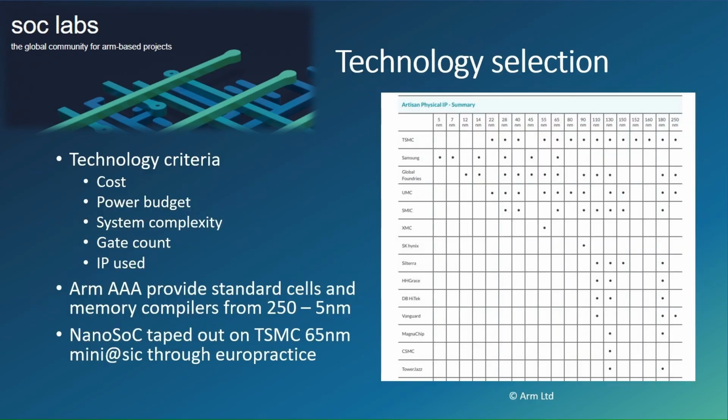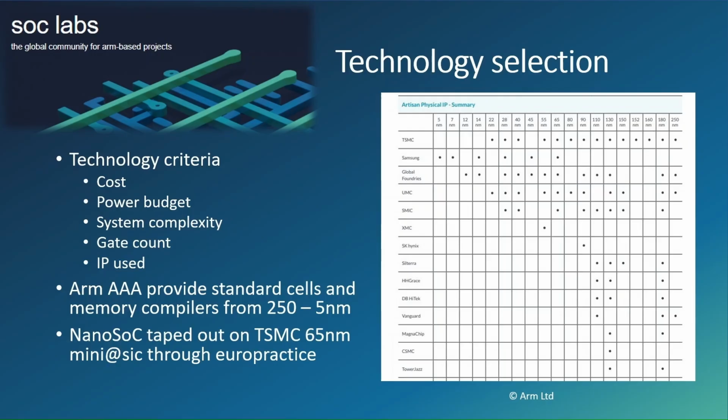So logical design. The first part of this, I say first, you can mix it in a bit, is the technology selection. What we have access to in Europe, obviously, we have Europractice, which is nice. So Europractice gives us access to a lot of different technology nodes.